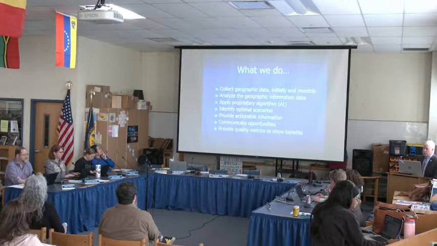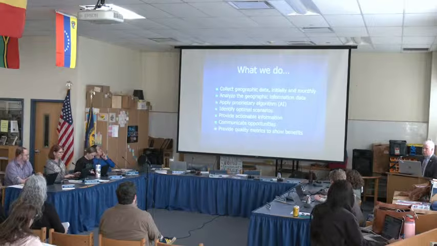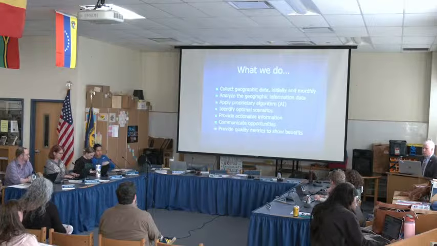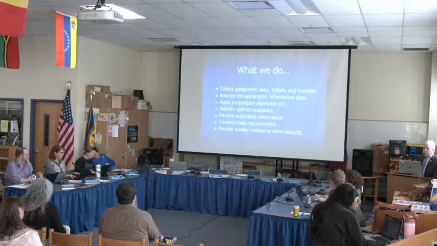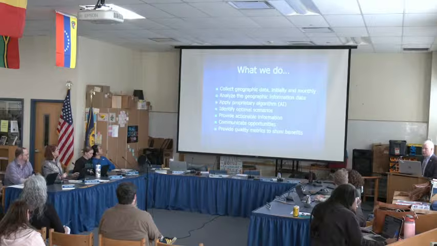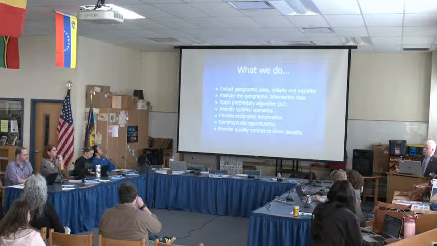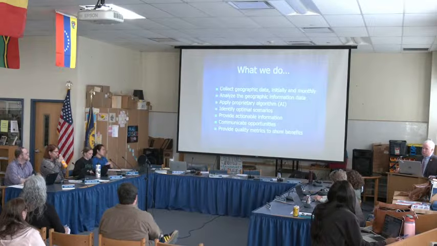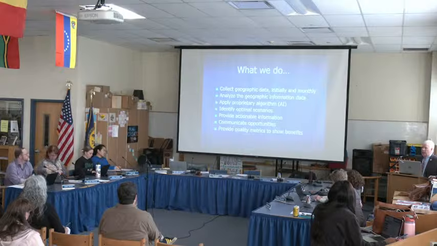So really what we do is we collect geographic data: student numbers, addresses, schools, and grade levels. We'll plot those students in a geographic information system, a map, and we'll apply a proprietary algorithm. We'll measure the driving distance or the walking distance between each address and each school, and we could identify some optimization scenarios.